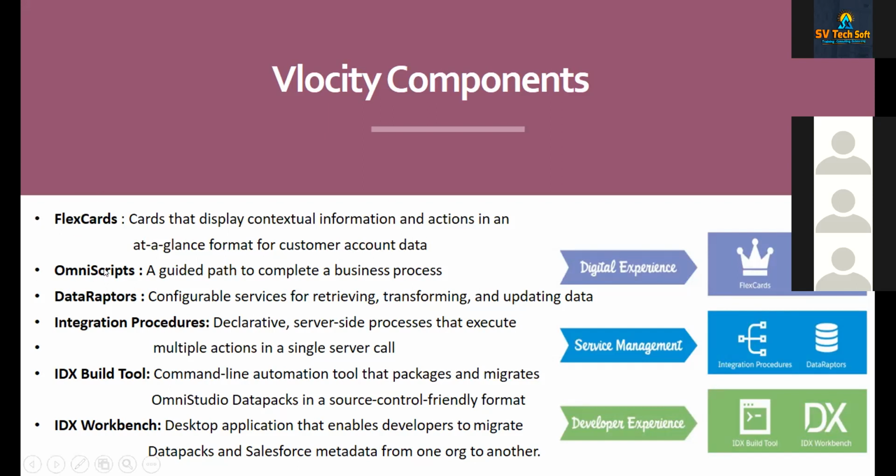Or when will you go for OmniScript? Let's say you want to buy a product. Let's take an example of Amazon. So you have a screen where you'll display all the available products. Let's take an example of phones, right? So screen 1 is all your available mobile phones.